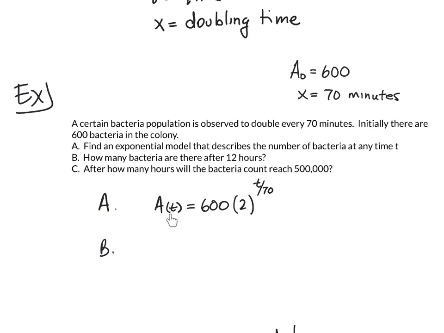The problem, and you need to pay very close attention to this, is that our doubling time is in terms of minutes, but this time value is in terms of hours, and you cannot mix units of time. They either both have to be hours or both have to be minutes. Since our doubling time is in minutes, we need to turn this 12 hours into minutes.